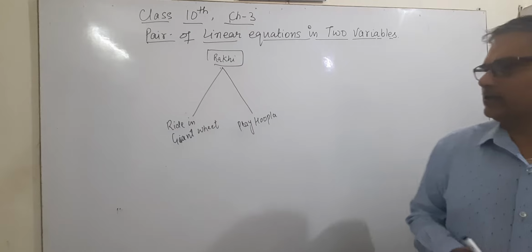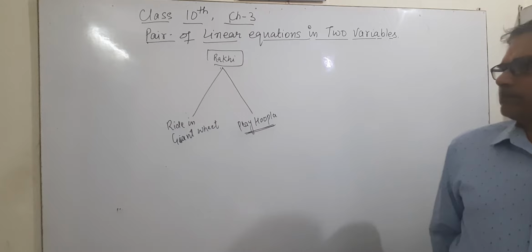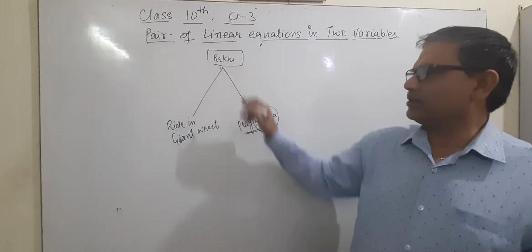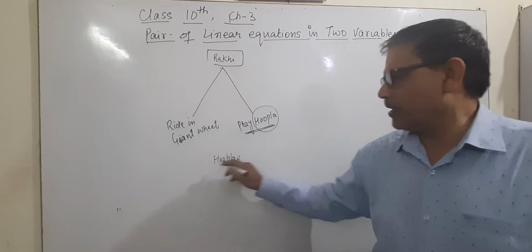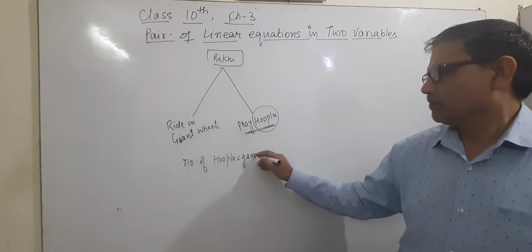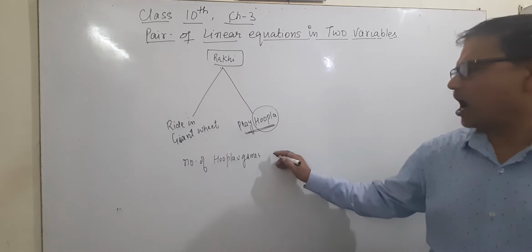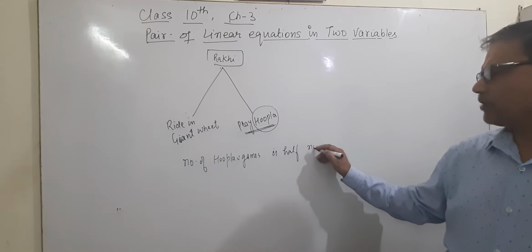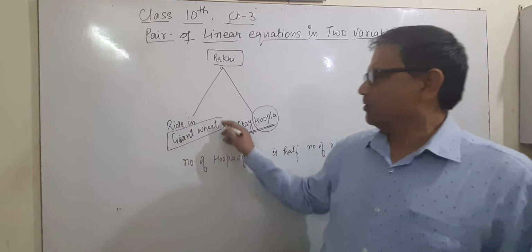But the condition is that the number of hoopla games played by Rakhi is half of the number of rides. Number of rides on the giant wheel.